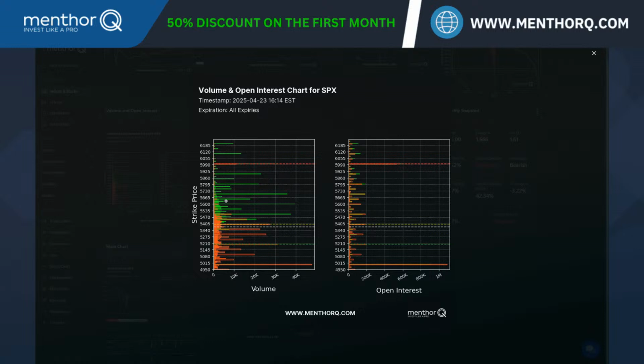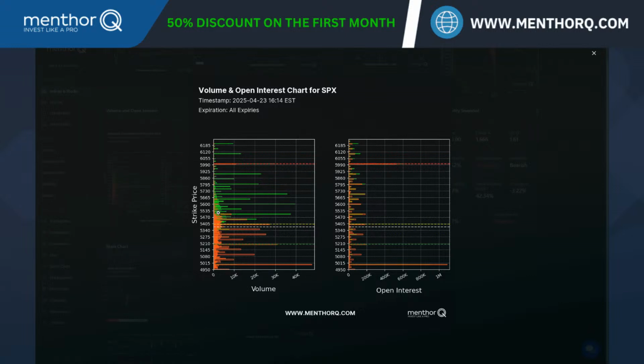But in the middle, there's some call volume around 5,600, somewhere between 5,600 and as high as 5,850 or so, 5,900 or so. There's some strong call volume.